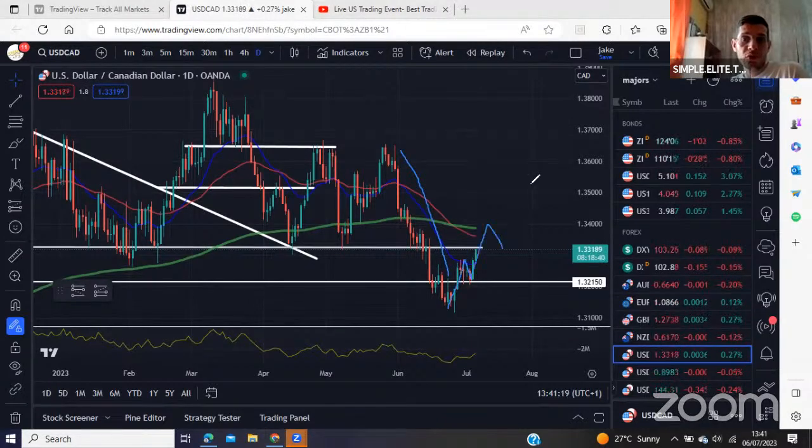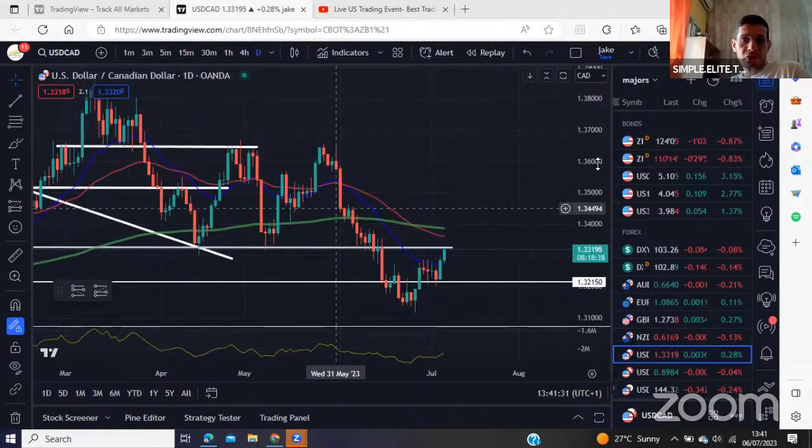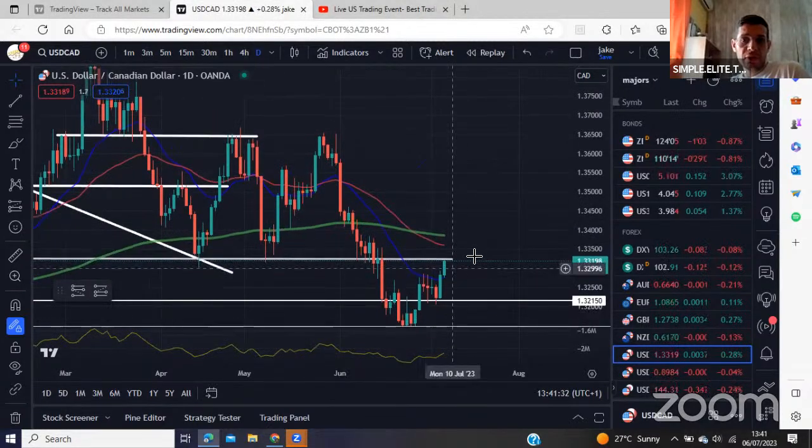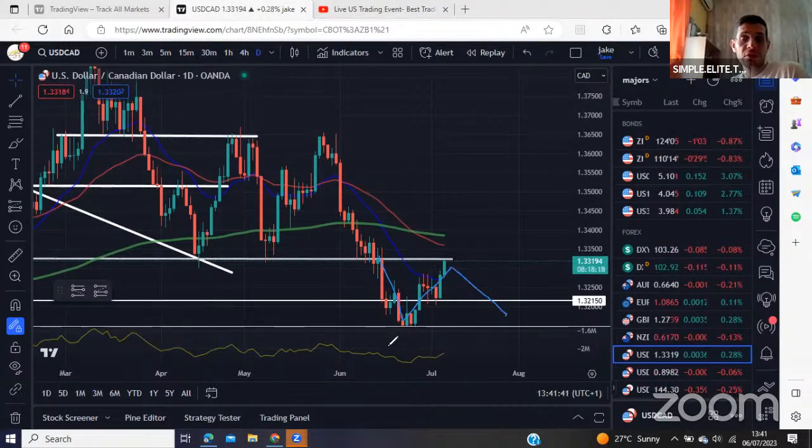So we could see some upside on dollar CAD, but this is a reversal trade, so it's for advanced traders. We could see some change of trend here if price comes back to this 133, which last week we wanted to have some bounce. So let's see how it's going to develop in the price action.